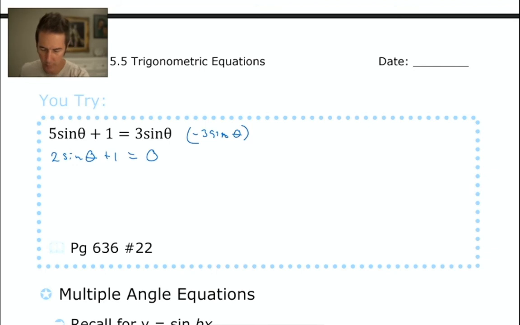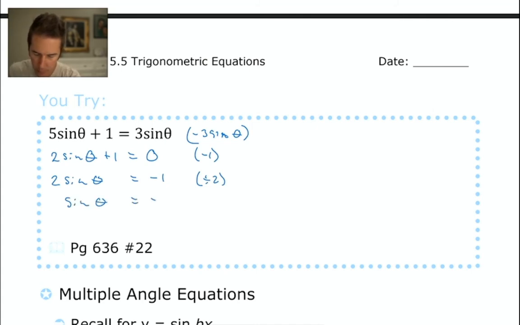There's a 0 on the right-hand side. I'll subtract 1 from both sides. Now 2 sine theta is equal to negative 1. And then next I will divide both sides by 2. So that sine theta is equal to negative 1/2.